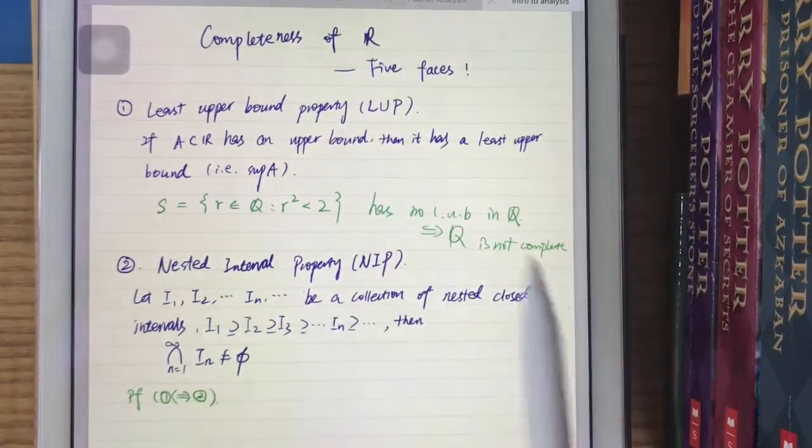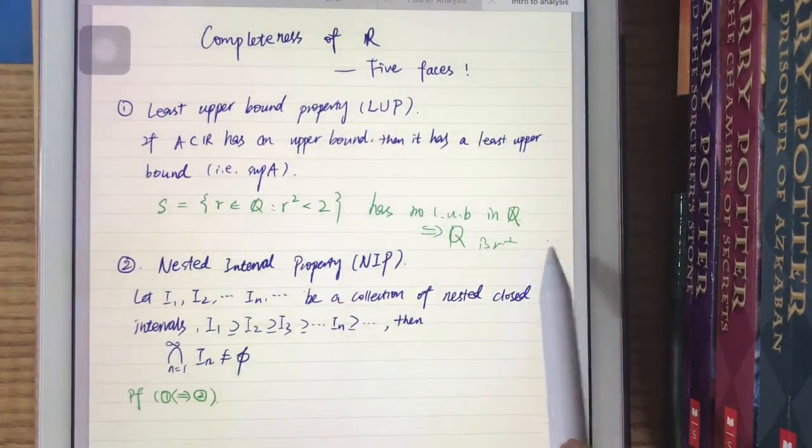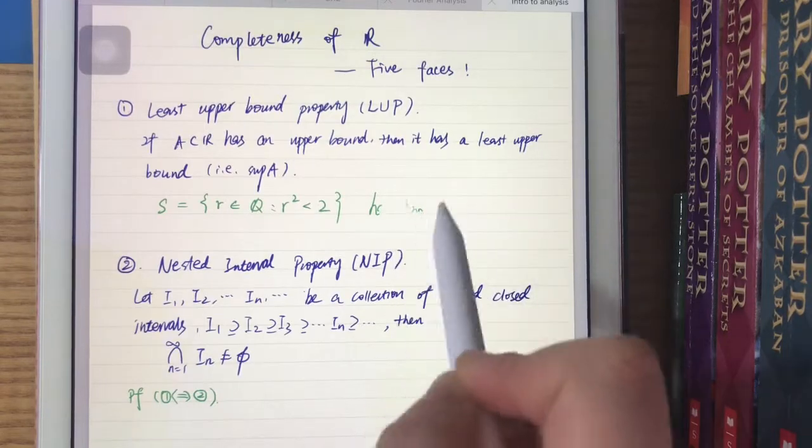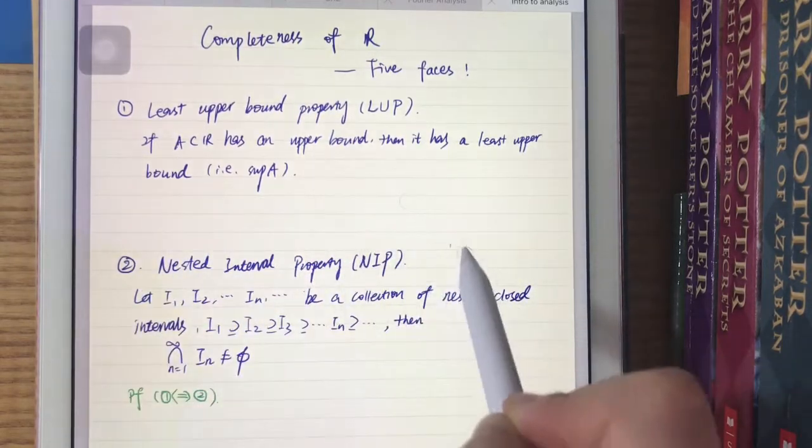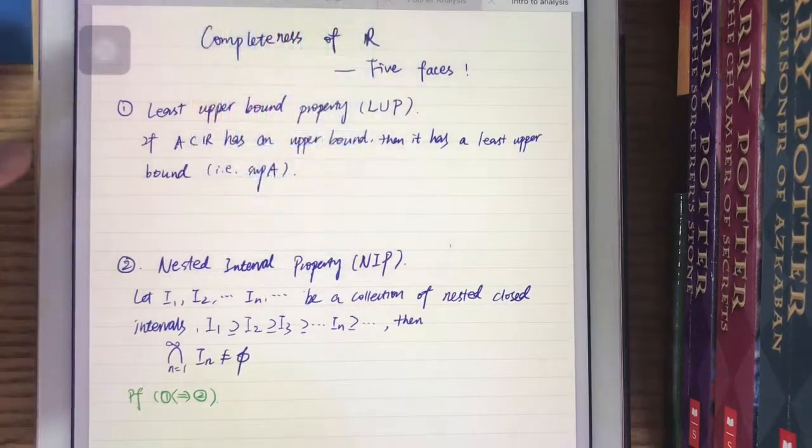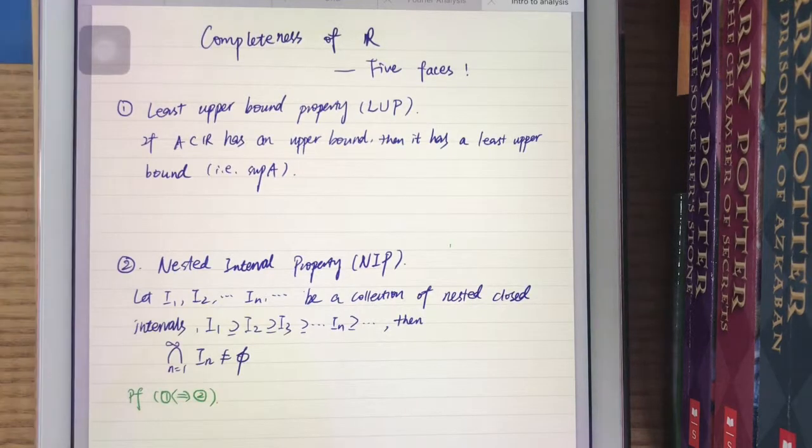So, the next phase of the completeness of real numbers we call the nested interval property, or NIP. The theorem says: let I1, I2, to In, or as many as you like, be a collection of nested closed intervals, right? So what are nested closed intervals?